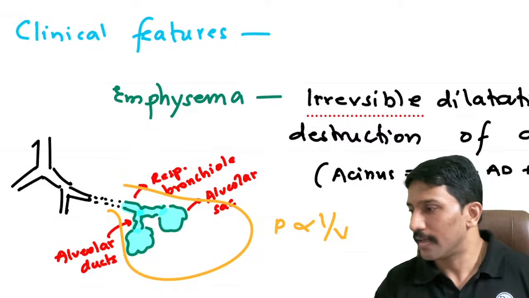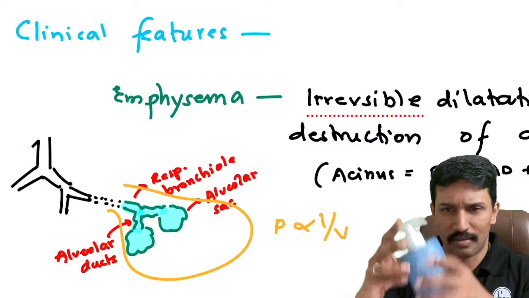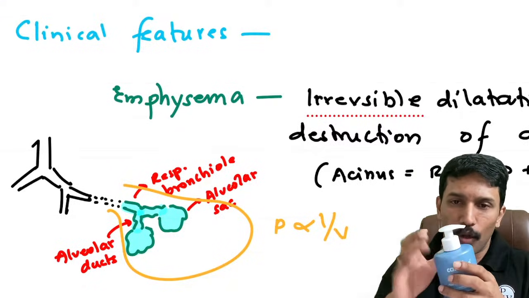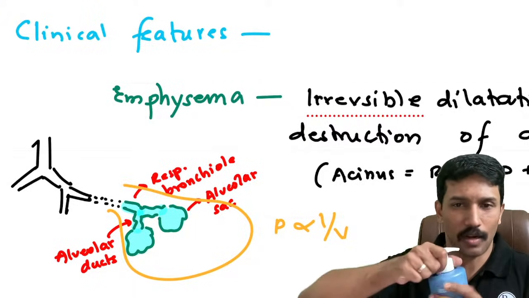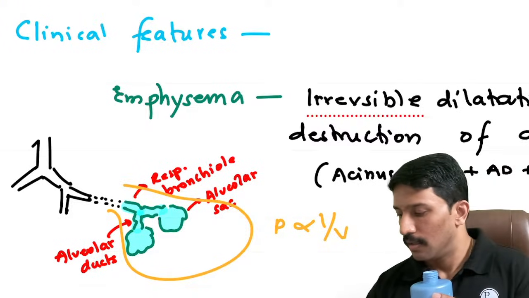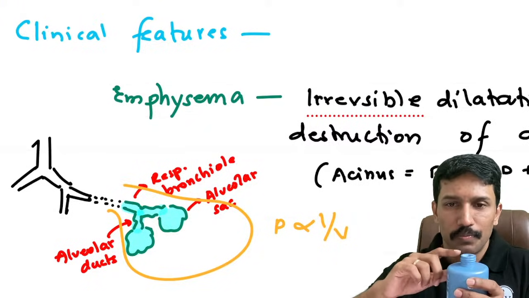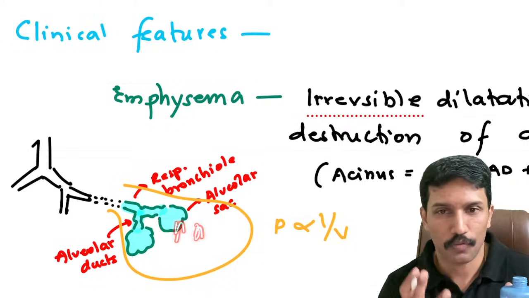And now let us take an example. I have this container, some solution container here. Now if I want to expel the content of this container out after removing its cap, when is it easy for me? First thing, we have to agree that I need to increase the pressure in this part of the airway.